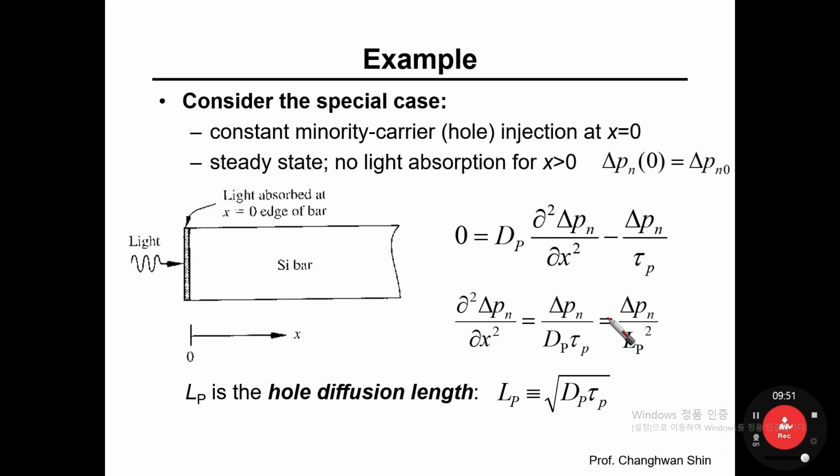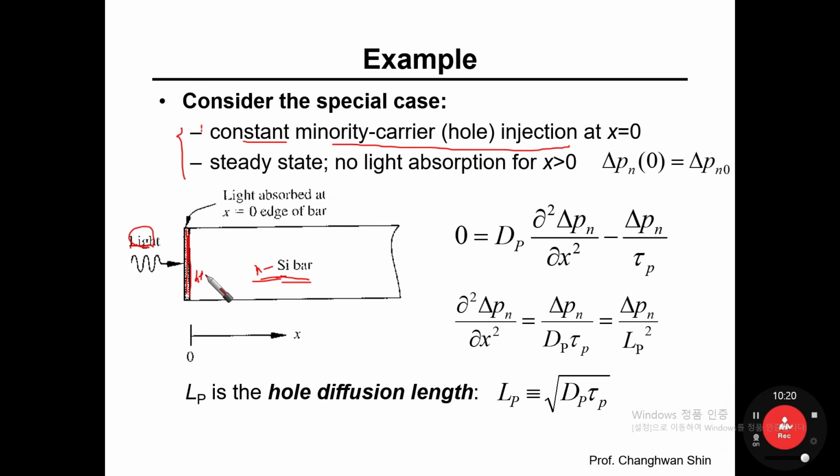All right, so now let's move on to the example. Let's consider the special case: constant minority carrier injection at x of 0. Here, this is a silicon bar, and it is an n-type silicon. Because of the externally applied light, many holes are created by this light.